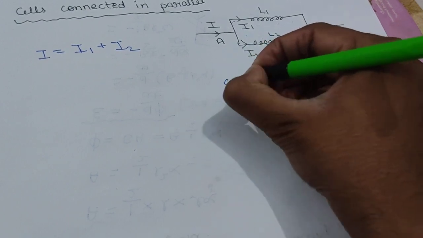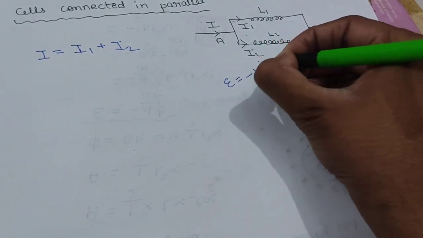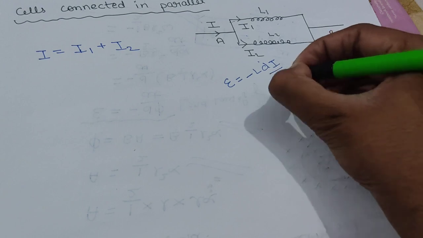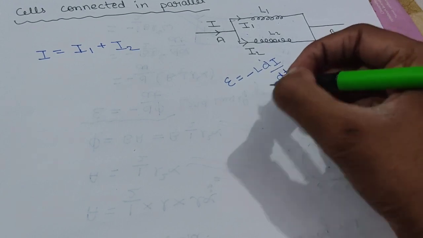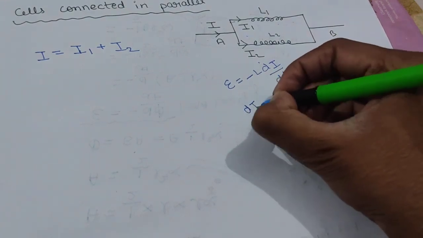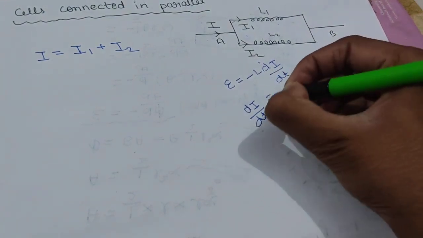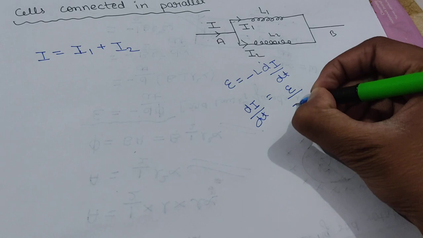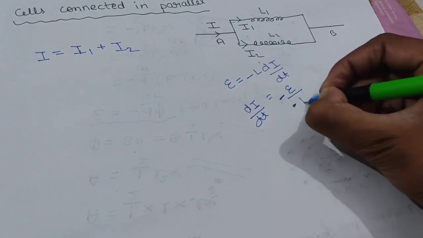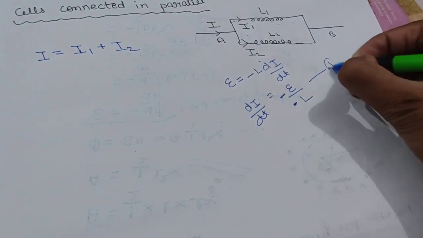Now we need the di by dt value. E is equal to minus L di by dt, so di by dt is equal to E by minus L. This is our first equation.